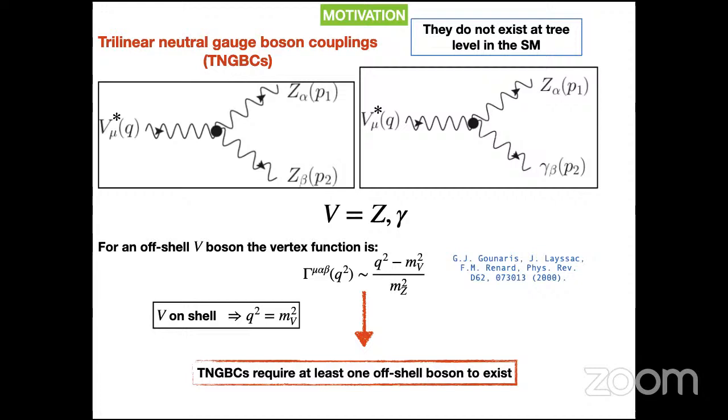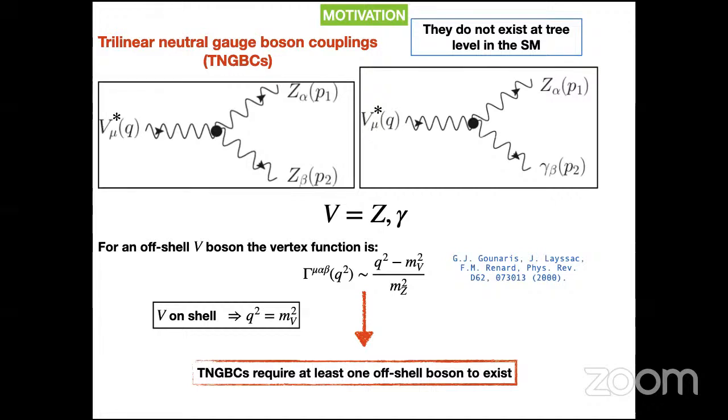In this case, this UV can be an off-shell Z boson or an off-shell photon. The other possibility is where we have a real Z boson and a real photon, and again we have this UV off-shell boson, which again can be the Z boson or the photon.